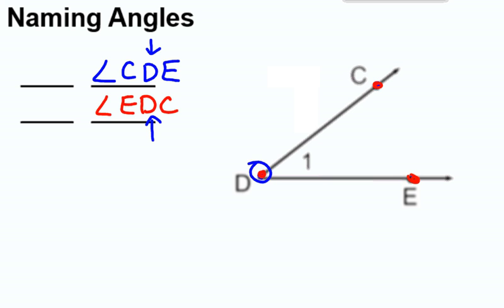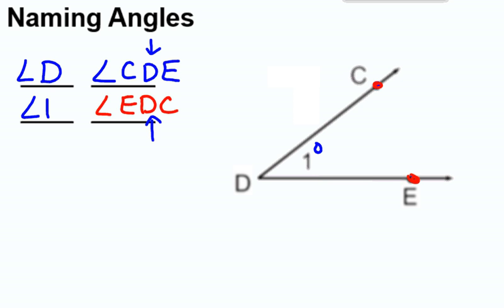Right, there's another way that you can name angles, and that is by the letter down here by the vertex. So I could call this angle D. I could also call it the 1 right here that's on the inside of the angle. I could also call it angle 1. Please do not confuse this number 1 with this notation, which means 1 degree.